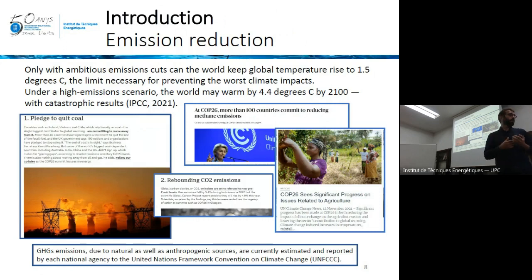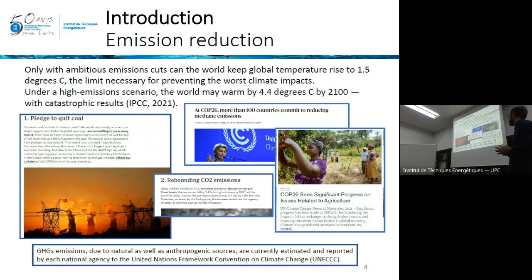So looking at this problem, there's a need for ambitious cuts of these emissions, and there's a need to know exactly the numbers of these emissions, because nowadays these emissions are commonly estimated and reported by each national agency to the United Nations Framework Convention on Climate Change, but there are still lots of uncertainties in carbon dioxide emissions and in methane emissions.